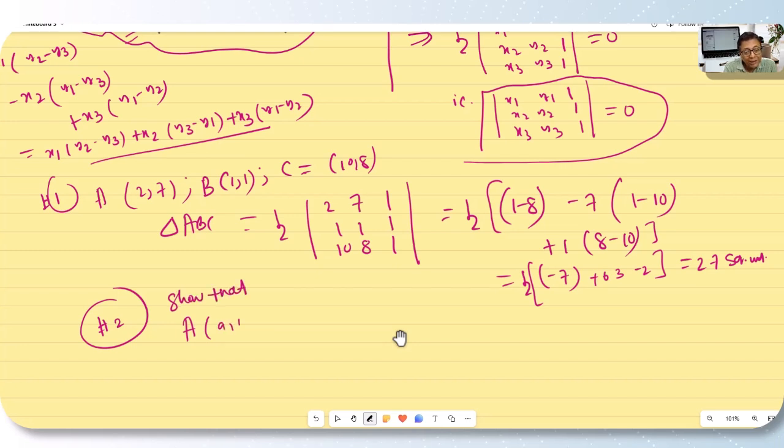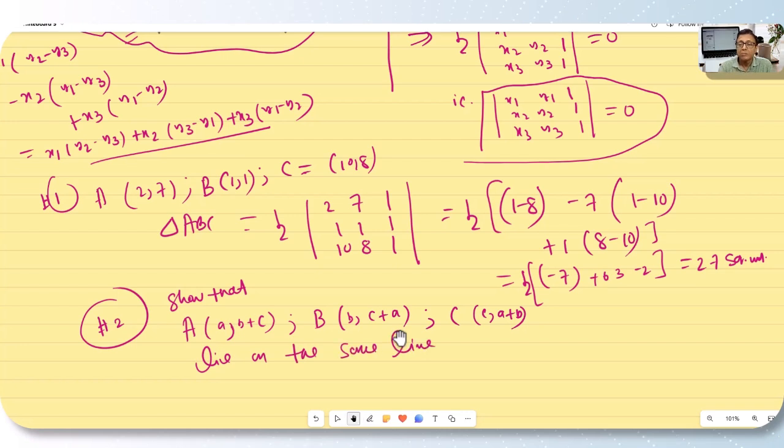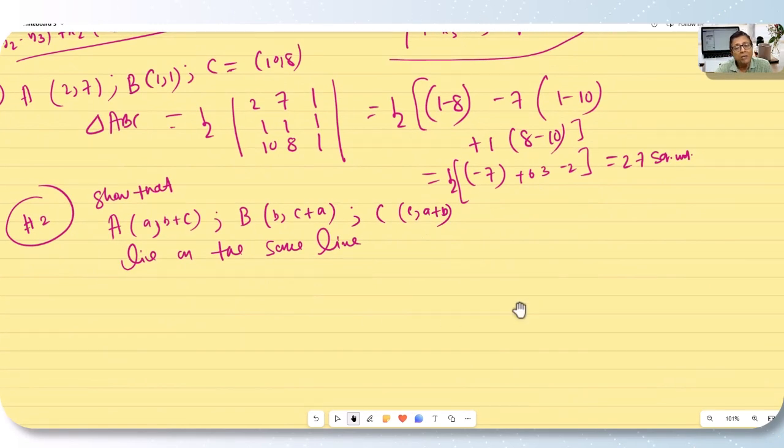So that the following points are collinear, so that A, B plus C, B, C plus A, C, A plus B lie on the same line. Remembering the area of a triangle in the form of a determinant is easier than the way you used to memorize in class 11.